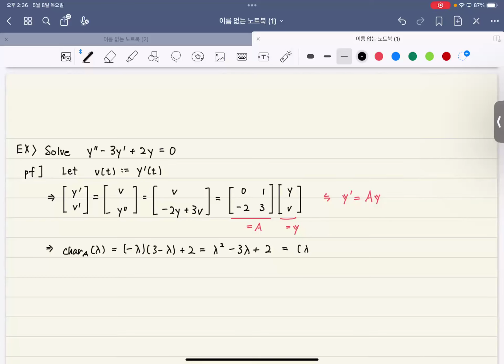So lambda minus 1 and lambda minus 2 equals 0. So I have two eigenvalues. Lambda 1 is 1, and by computation, I will not be bothering with this computation, the eigenvector is 1 and 1. Lambda 2 is 2, and x2 is 1 and 2.